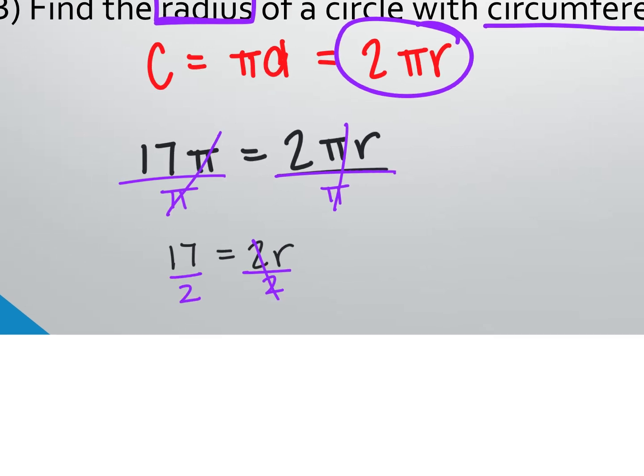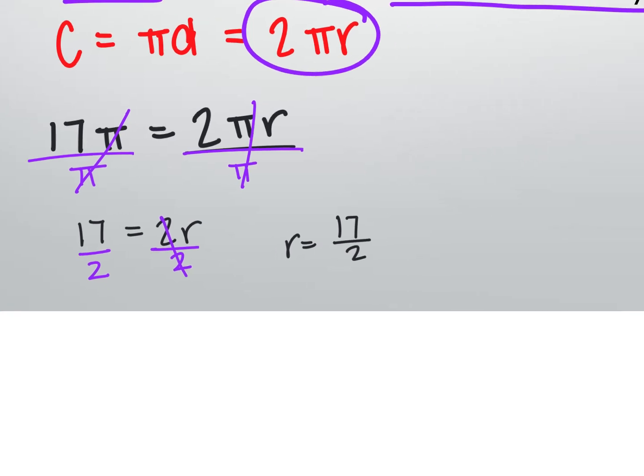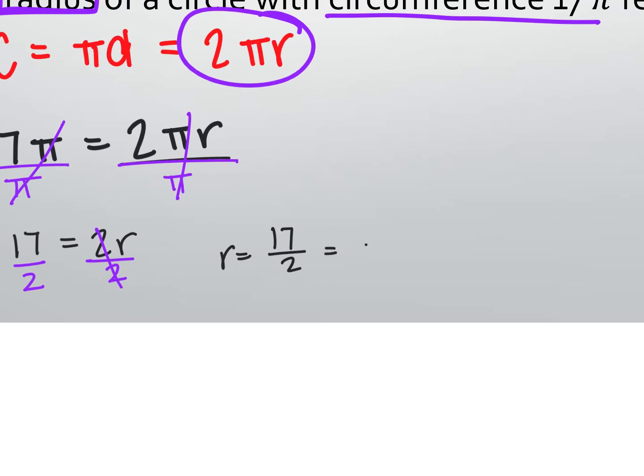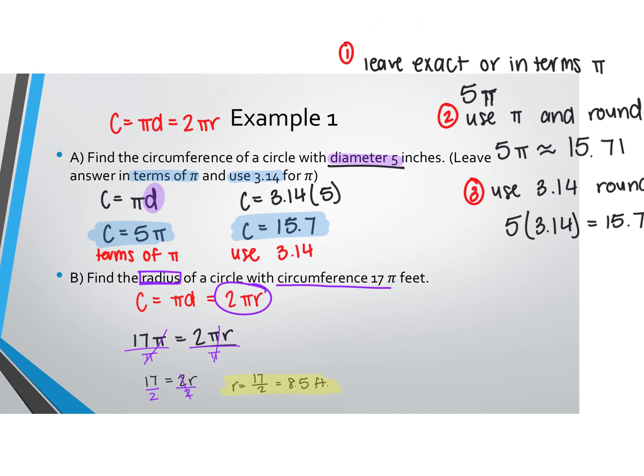If you divide it correctly, your answer is going to be radius equals 17 over 2. Or you can change it to your decimal, which is 8.5 feet. So either one of these are correct. If it asks you to round, obviously it's going to be your decimal, but this is fine.